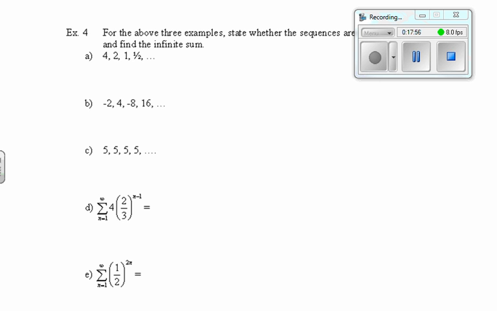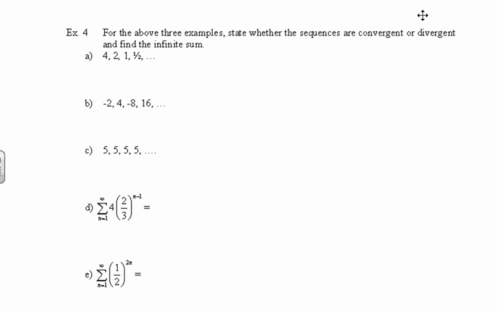Okay. There are 2 parts to example 4. The first part is where we state whether it's going to be convergent or divergent. The second part, if it is convergent, we need to find the sum, right?